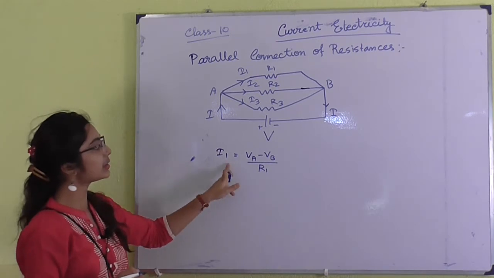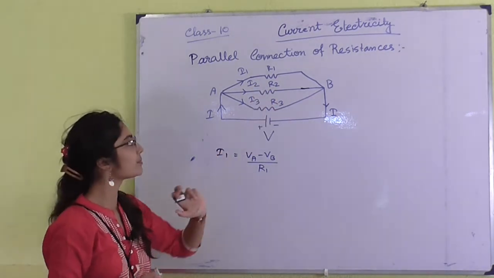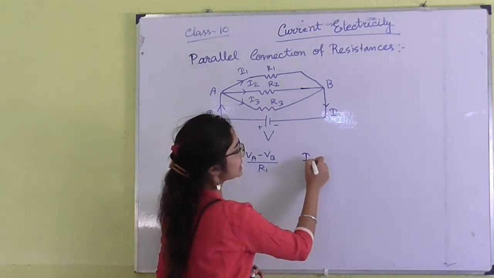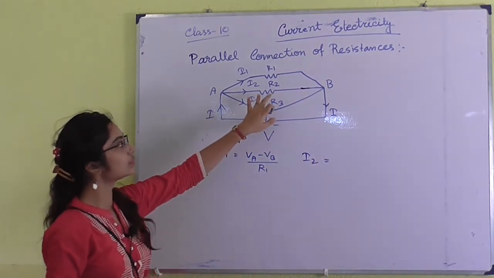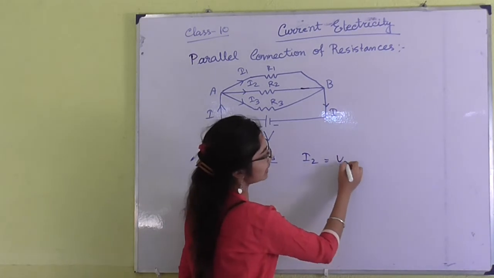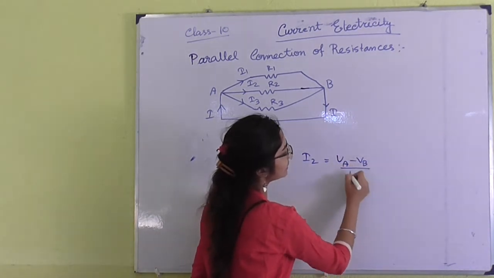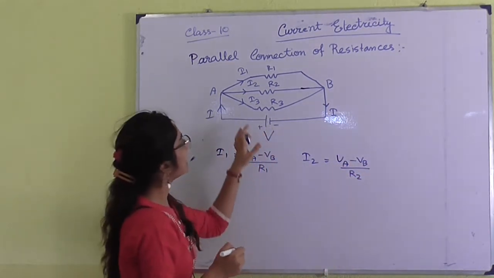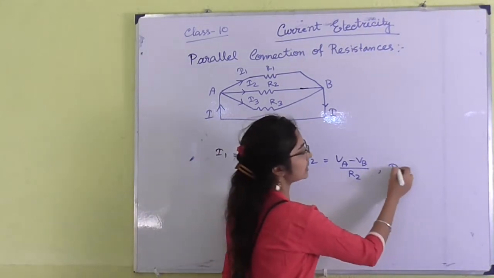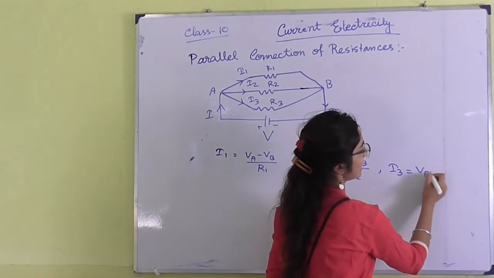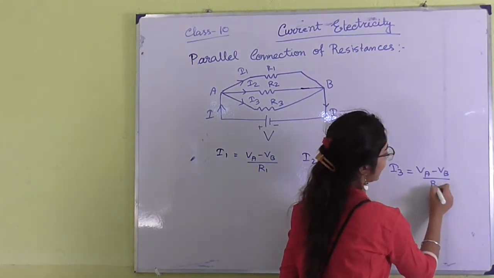I2 is the current passing through the resistance R2, that is VA minus VB by R2 according to Ohm's law, and I3 is the current passing through R3, that is VA minus VB by R3.